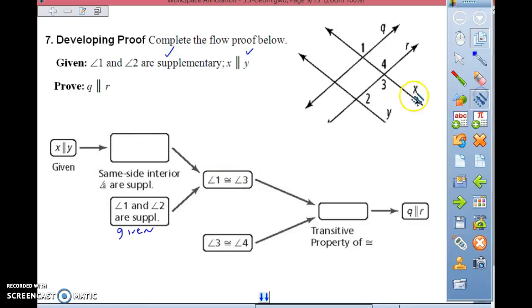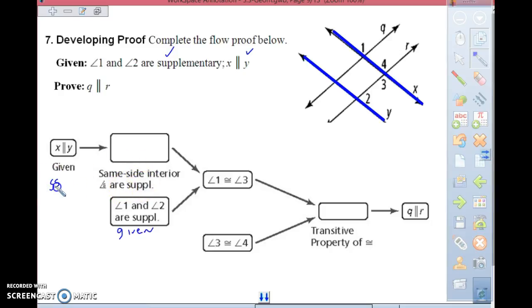So if we look at our picture, if x and y are parallel, we're going to use the same side interior angles are supplementary. So for us, we would say same side interior angles. So if the lines are parallel, then same side interior angles are supplementary.